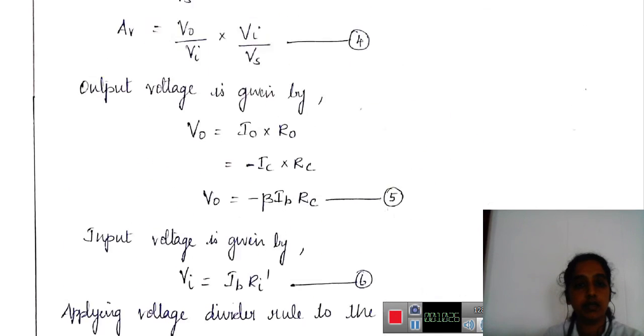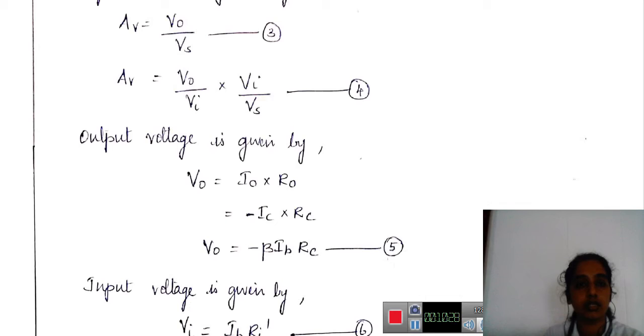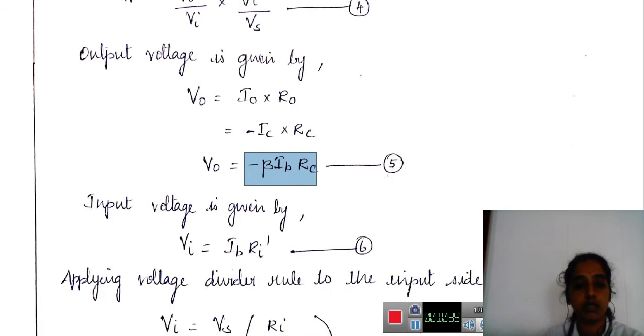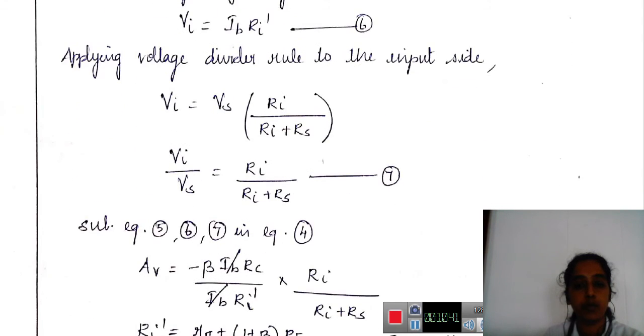So I know that voltage gain V naught by Vi. Now what is V naught? V naught is minus beta into IB into RC. That is V naught. What is my Vi? IB into Ri dash into Vi by Vs. Consider this whole equation.